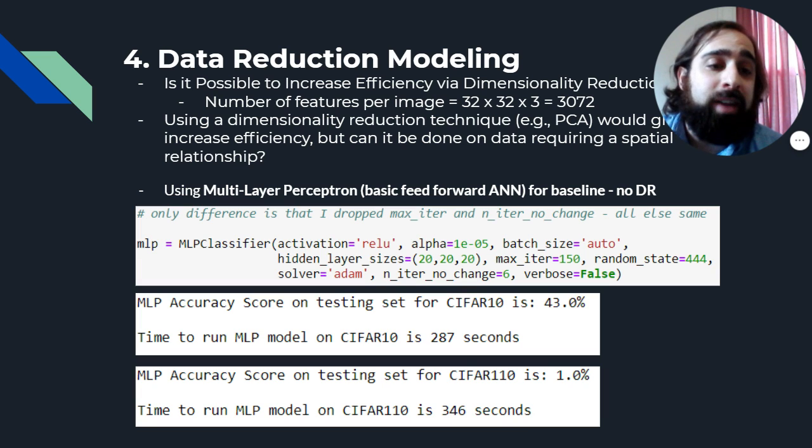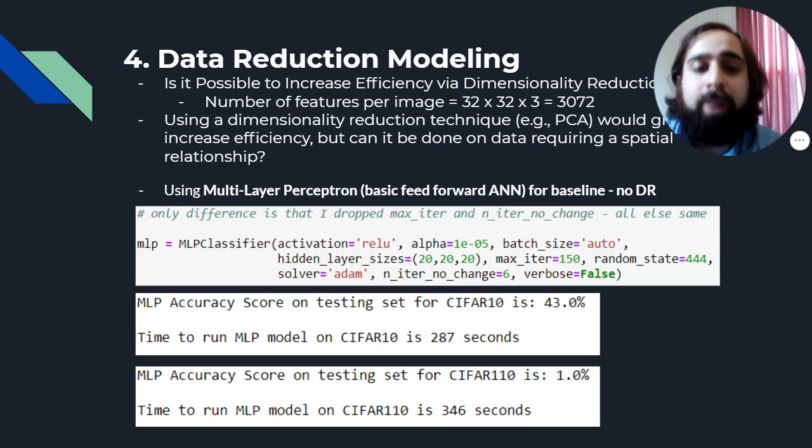If I can definitely reduce that number down to say 50, it's going to make it that much faster.